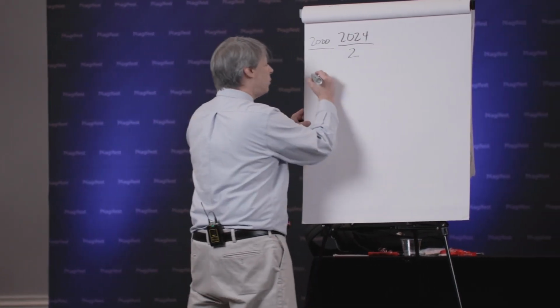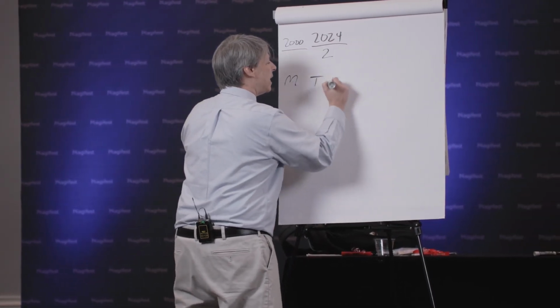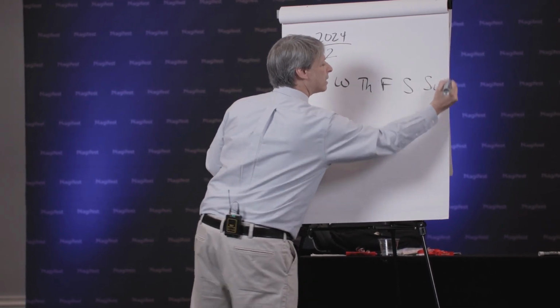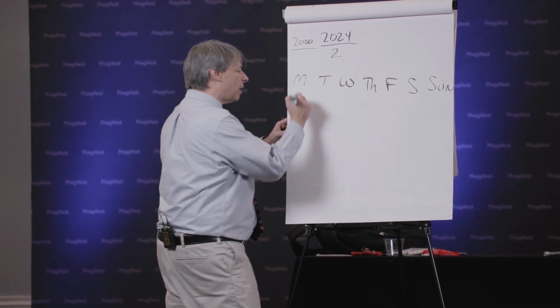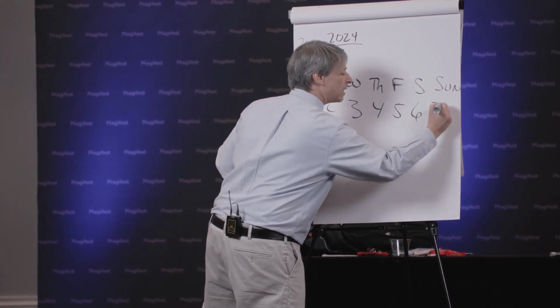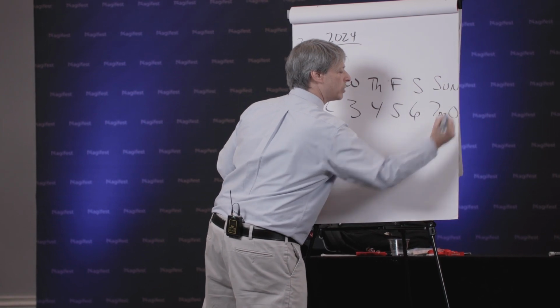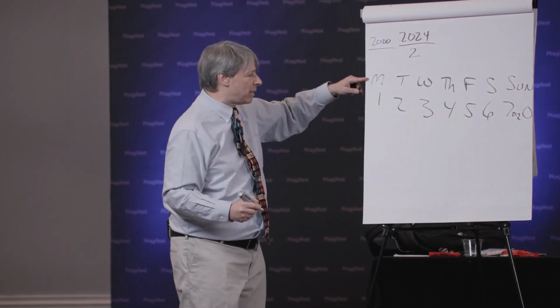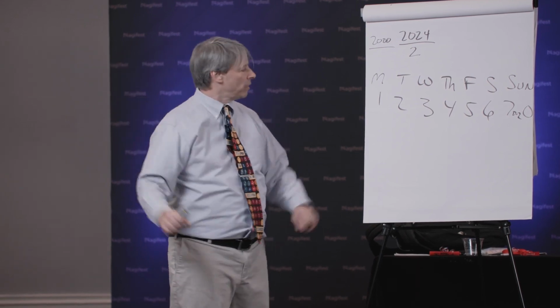Next, we need a code for every day of the week, Monday to Sunday, and the codes for that are 1, 2, 3, 4, 5, 6, and Sunday is 7 or 0. This is really easy to remember because Monday is one day.